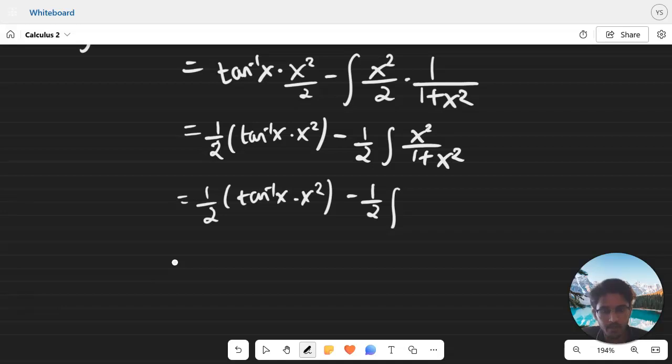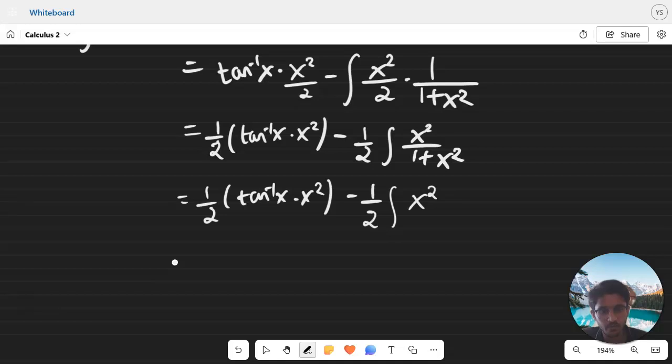And we cannot use 1 plus x squared either, because if we take the derivative we get 2x, and that doesn't cancel out the x squared. So we could use a different method, one that we don't really talk about, but it's completely legal to do.